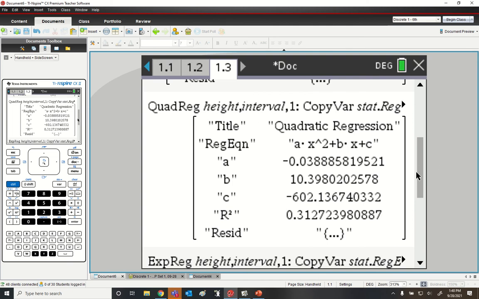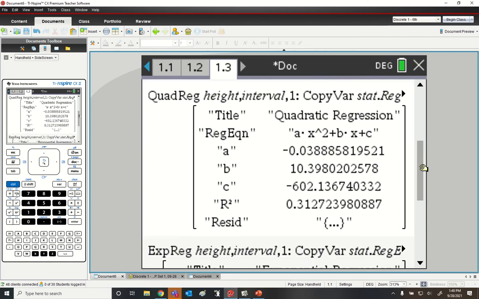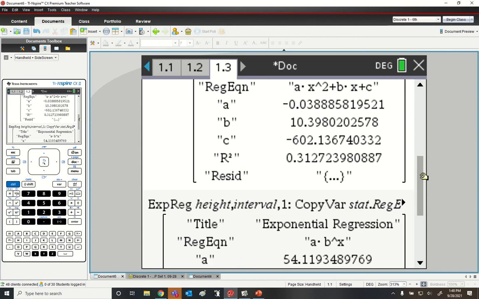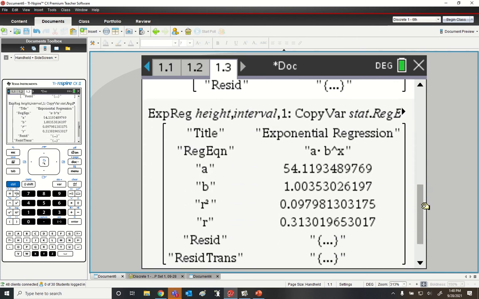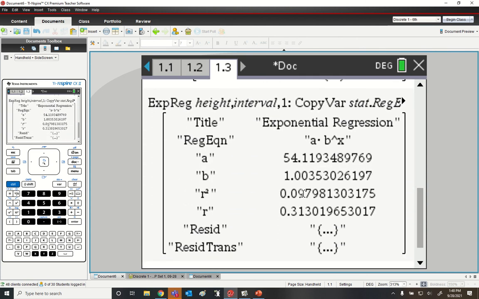So we need to write this down now. Can you show me quadratic and exponential? Quadratic is here. My r squared is 0.31, and the exponential, my r squared is 0.09. That's 9%.